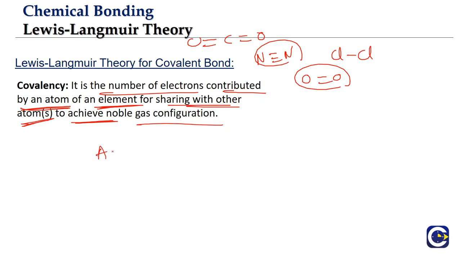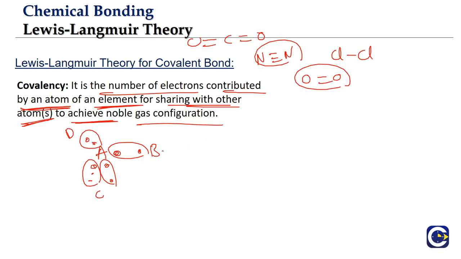Say you have atom A, giving 1 electron to share with atom B. Atom B also gives 1, so that is 1 bond getting formed. Atom A is giving 2 electrons to share with atom C, so totally 2 shared pairs come between A and C. Atom A is also giving 1 electron for sharing with, say, D.